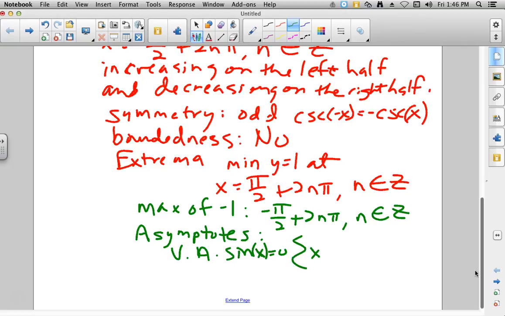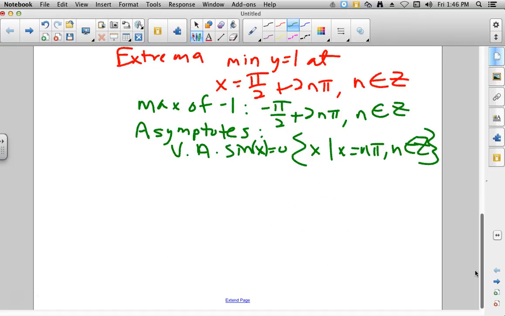So that's going to be x such that x equals n times pi, where n is an element of the set of integers. All right. Oh, there are no horizontal asymptotes. That's what we see with all of our secondary trig functions, our cosecant, secant, and cotangent.